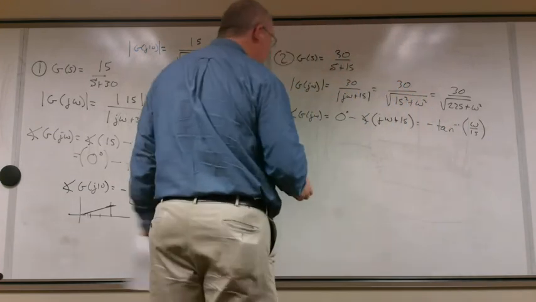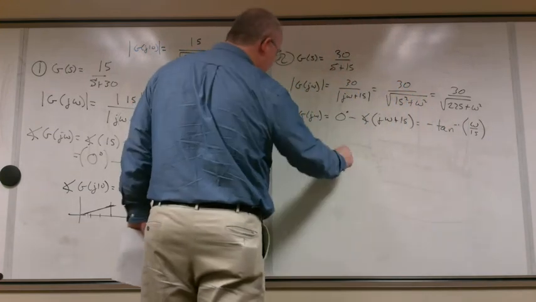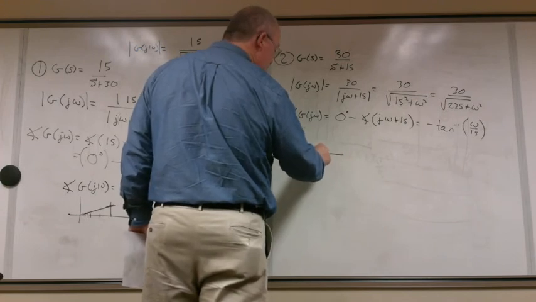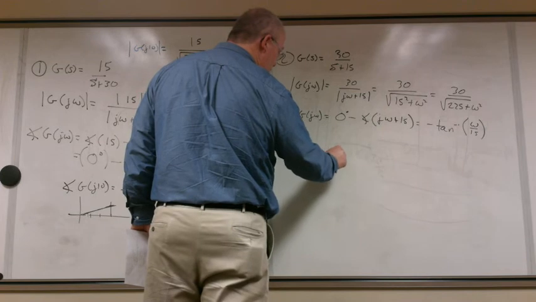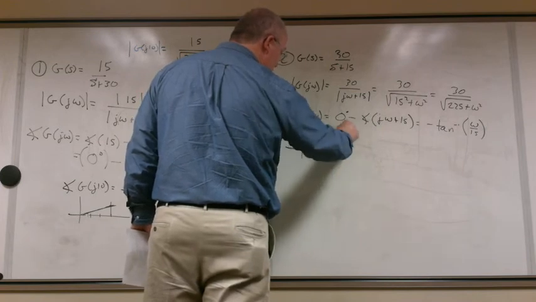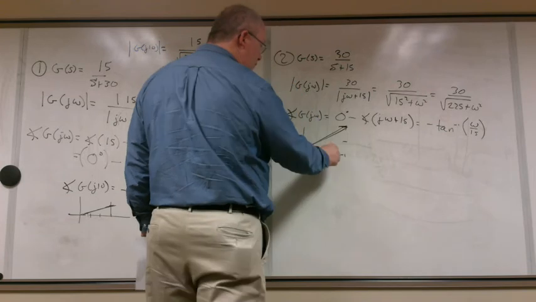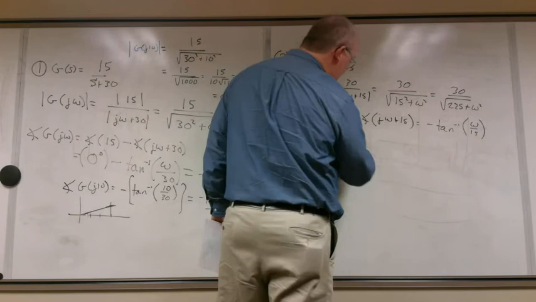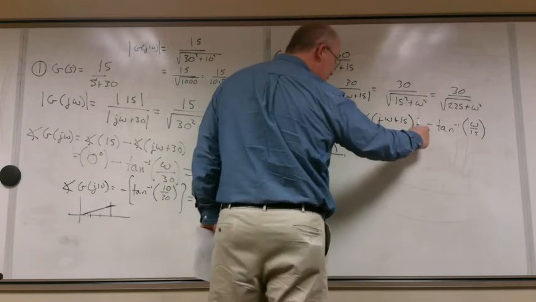Once again, if this is going to be the imaginary part, it's going to be 10. So 1, 2, 3, that's the angle we're looking for. Partially the angle. That's the inverse tangent of omega over 15. Then we have to do the negative of it.